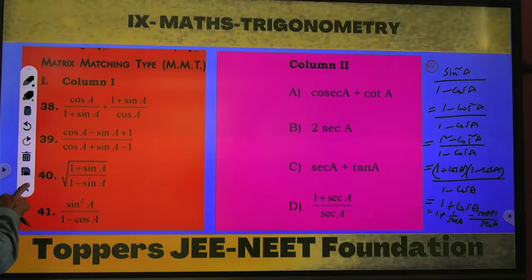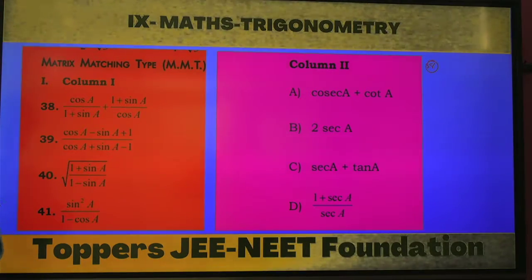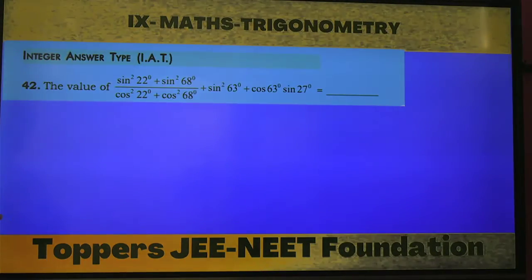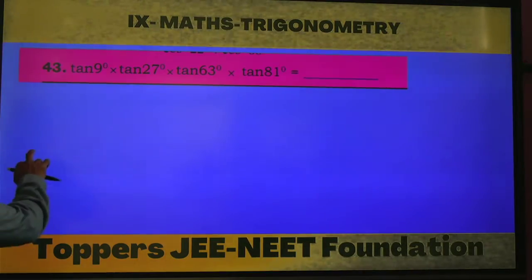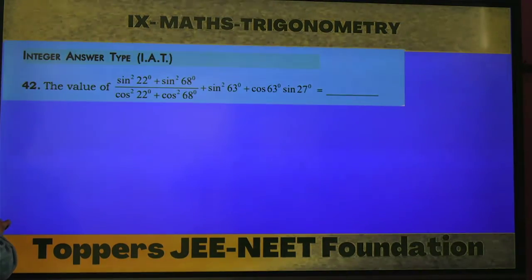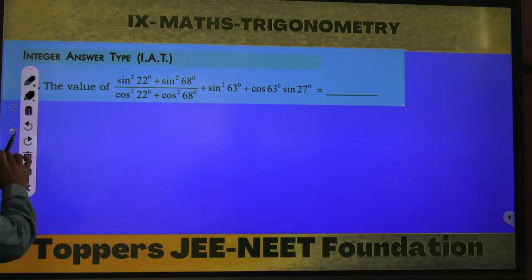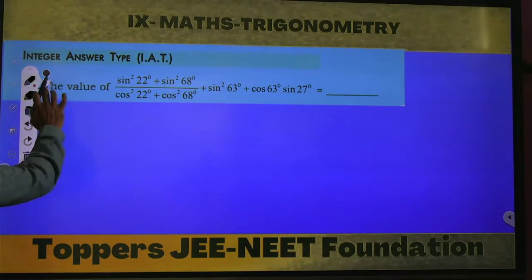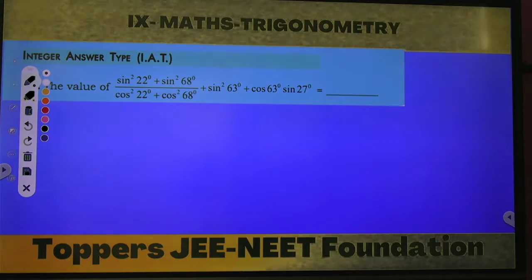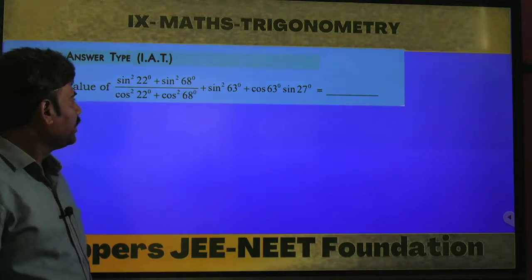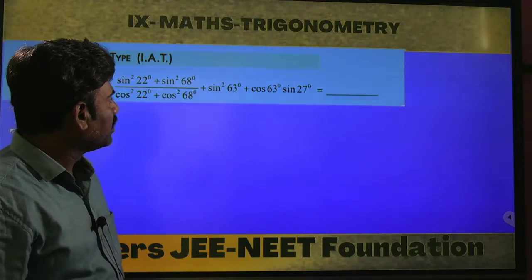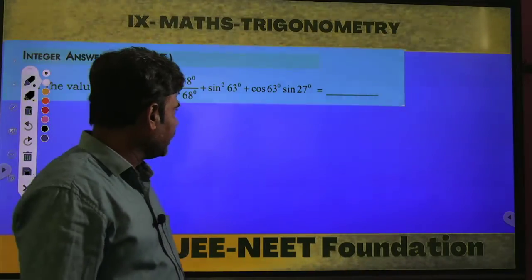Next question, students. The value of (sin square 22 degrees plus sin square 68 degrees) by (cos square 22 degrees plus cos square 68 degrees) plus sin square 63 degrees plus cos 63 degrees into sin 27 degrees.